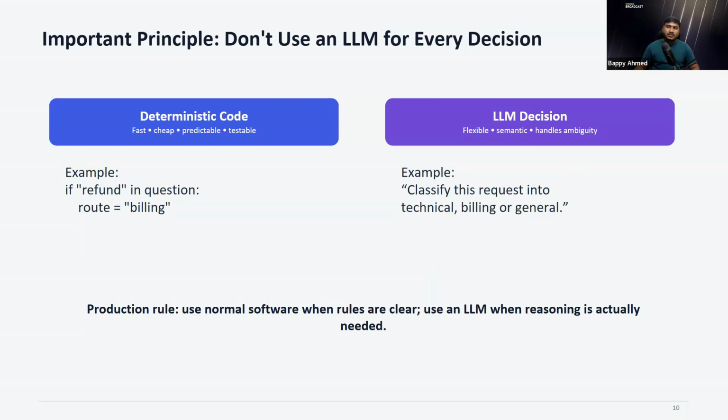If you're adding deterministic code, you can reduce the cost of your agents. That's how you have to think. If you have a low level task, low level conditions, at that time use deterministic code. And if you have a high level task and it needs more reasoning to understand the content, at that time use LLM decision making. I hope you get it, guys. That's how you can reduce the cost of your multi-agent system.